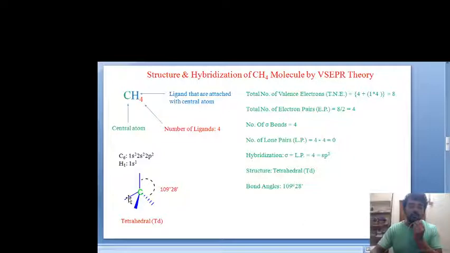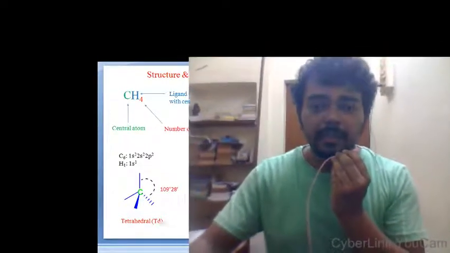Here two bonds are in the plane, one is above the plane and one is below the plane, so all 4 bonds are not in the same plane, and the bond angle is 109 degrees 28 minutes. If you look at the structure of methane, the central carbon is not in the same plane as the other hydrogens. There are 3 hydrogens in the same plane, but this carbon is not in that plane. It is above the planarity, it deviates from planarity. This is called the tetrahedral molecule, and the bond angle is 109 degrees 28 minutes.